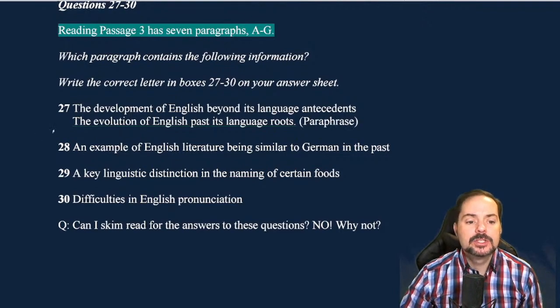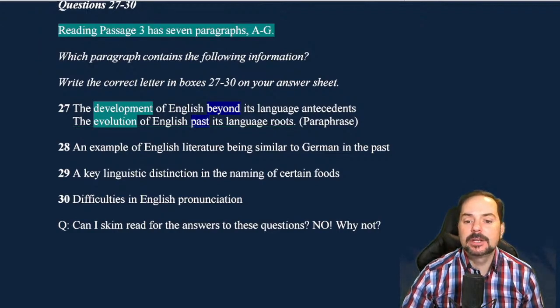Instead of the word development, I have the word evolution. Instead of the word beyond, I have the word past. Instead of the word antecedents, I have the word roots. Okay, so these are basically synonyms.